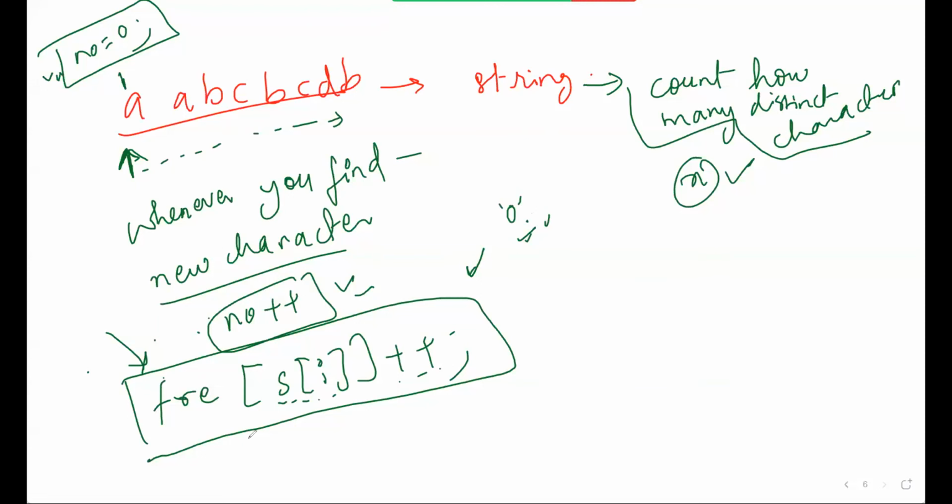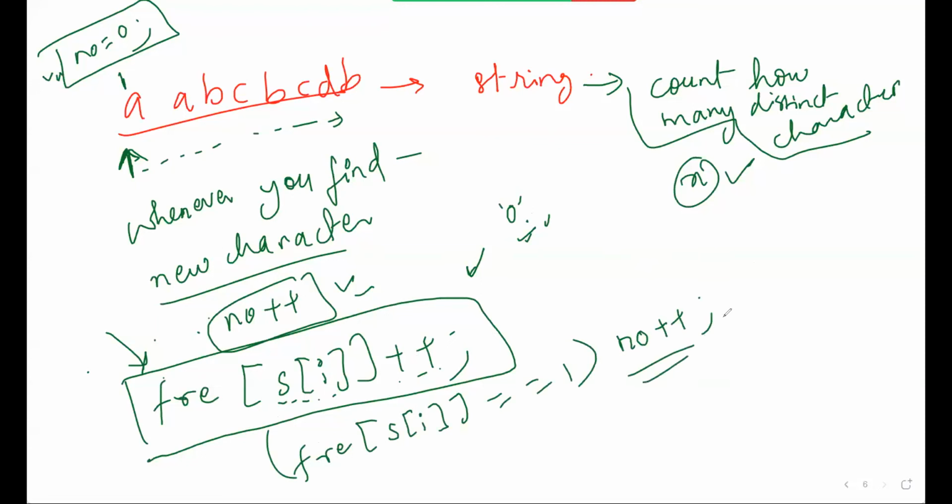So you increment the frequency, and after incrementing, if this value is 1, it means this character is occurring for the very first time. Whenever that happens, you increment the number of distinct characters. Okay, so this is part 1.